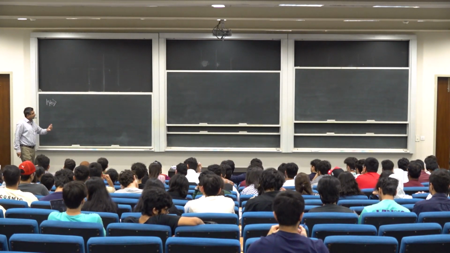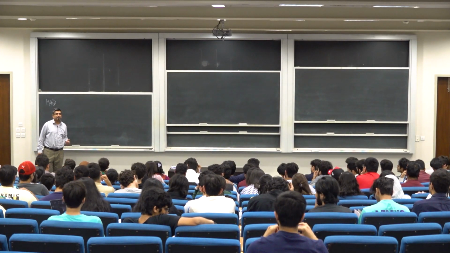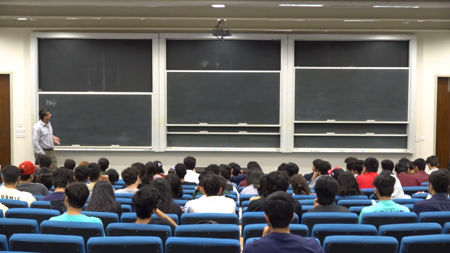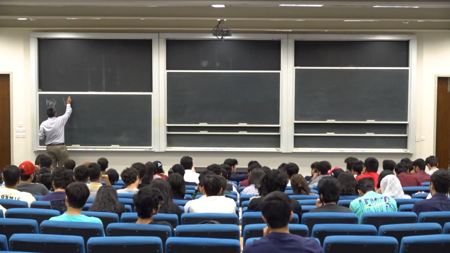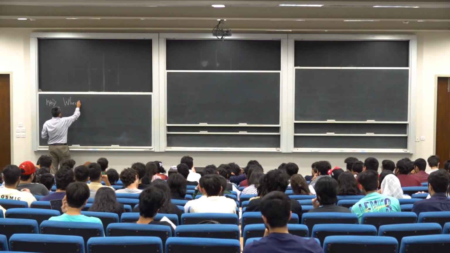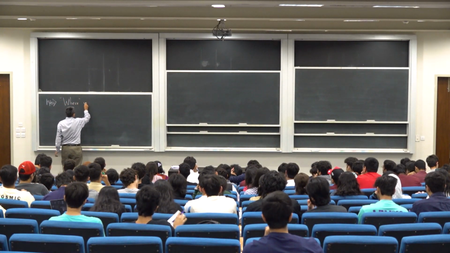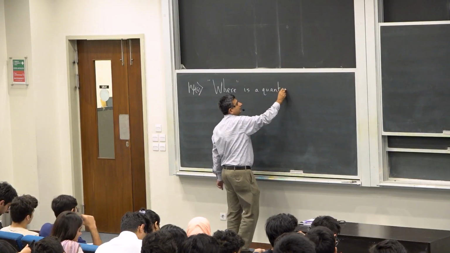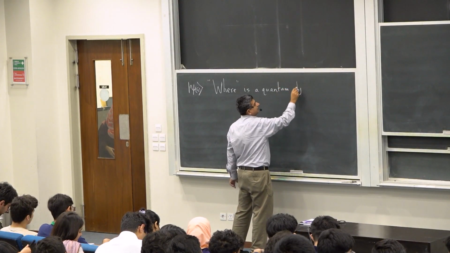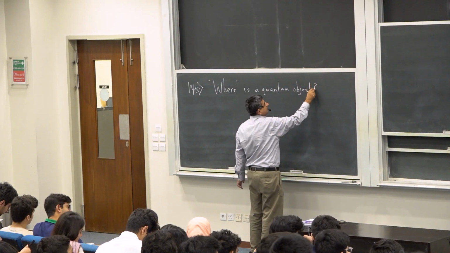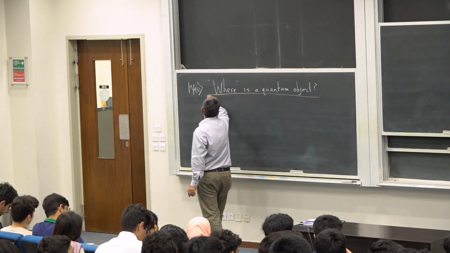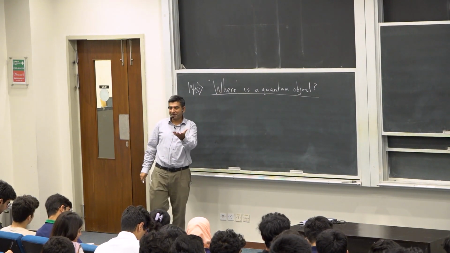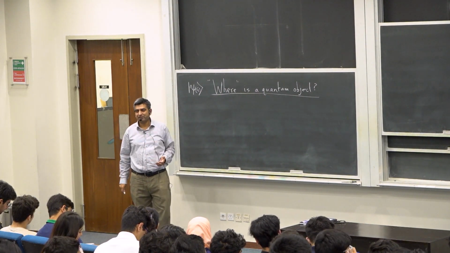Now, the central question I would like to ask today is, when someone poses to us the question, where is an object, a quantum object? How do we answer this? So this centrality of whereness, where is an object?